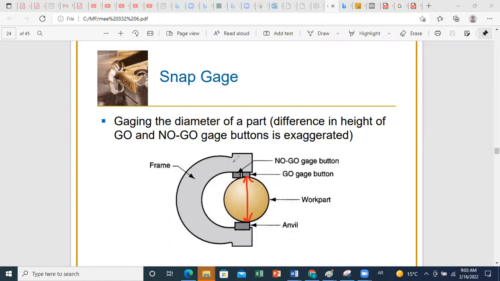For example, for the go gauge, let's say it's 20.5 centimeter. You can have different sizes, and for the no-go gauge, let's say it will be 20.549, for example.